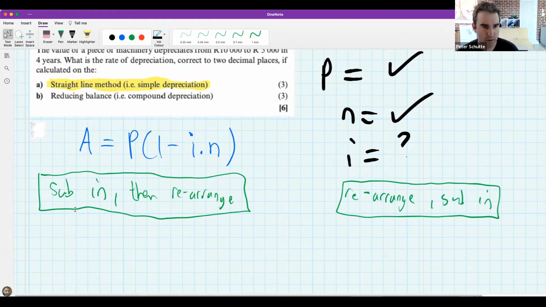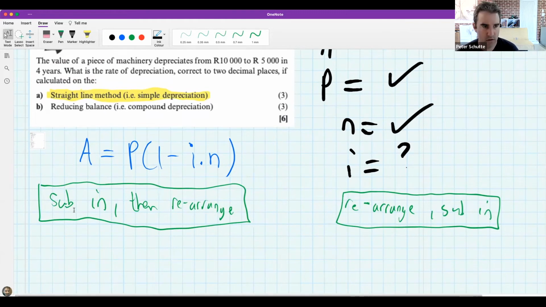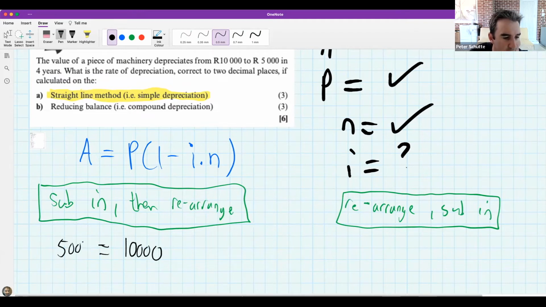So we start at 10,000 and we end up with 5,000. And then the time period was 4.